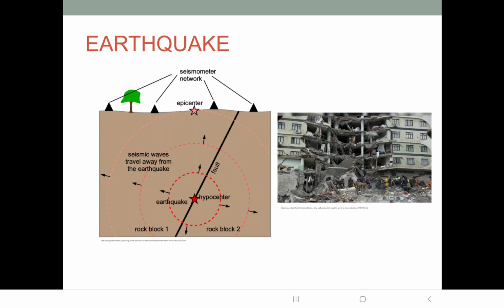Then you can see how seismic waves are traveling away from the earthquake. They are generated at the hypocenter, but they reach the surface. So this is how an earthquake is caused, because of the breaking and rapid motion of the rock present in the earth's crust.